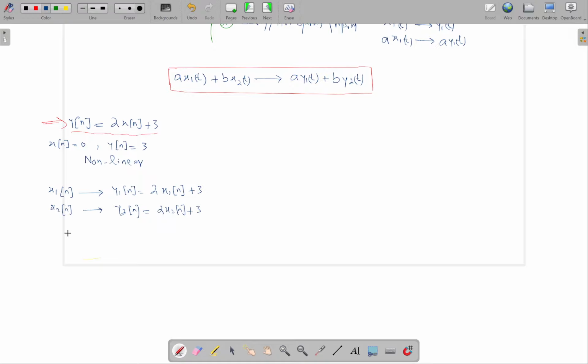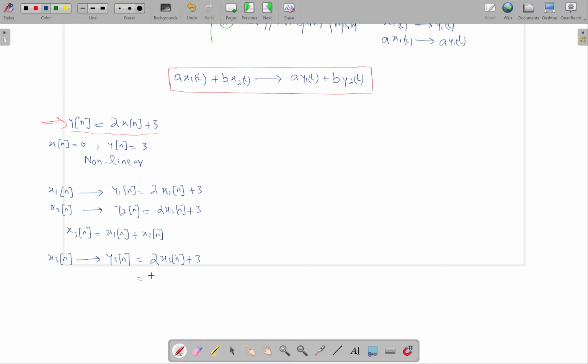And now let's assume that we have another input, x3n, and this input is the sum of x1n and x2n. And now let's try to find out the output of the system in response to x3n. So x3n is going to result in an output represented by y3n, and this is going to be equal to 2 times x3n plus 3. So what we have done is we have referred to this original system equation.